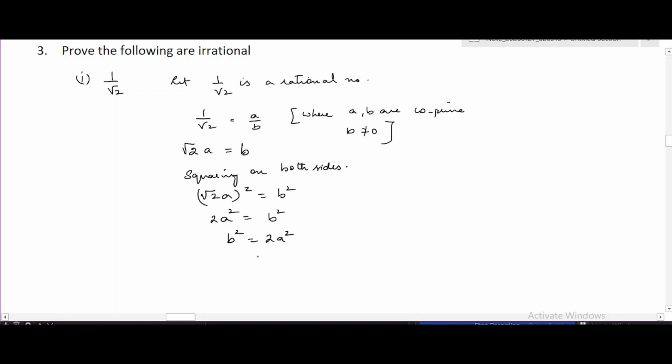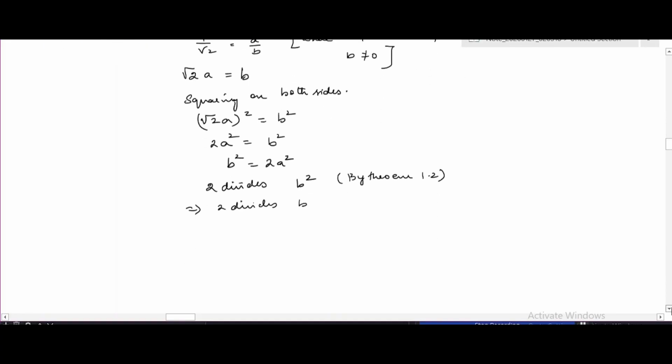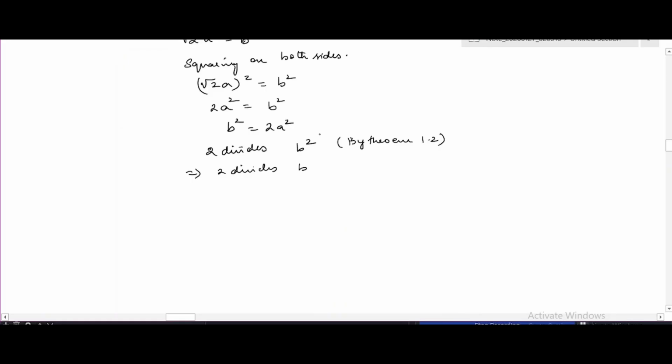Now 2 divides b squared, which implies 2 divides b by theorem 1.2. So this is 1, this is 2.